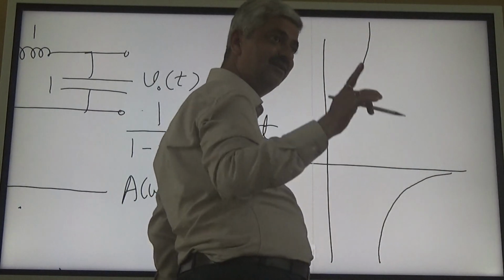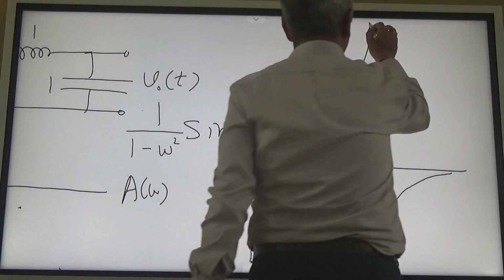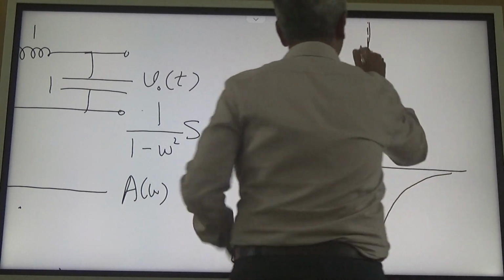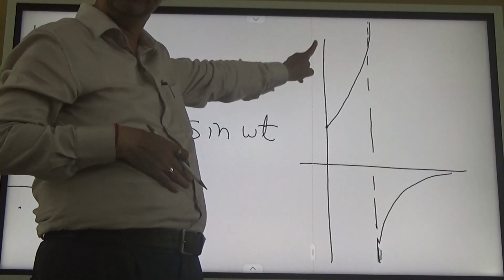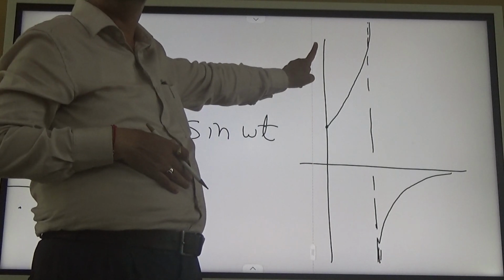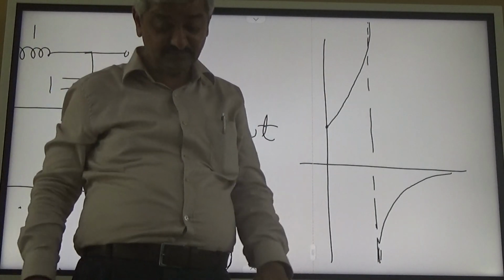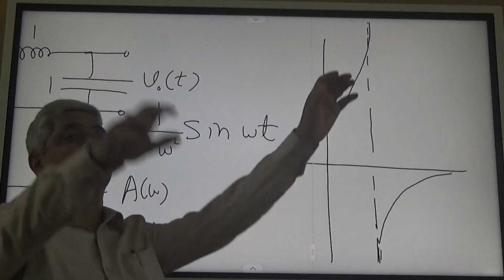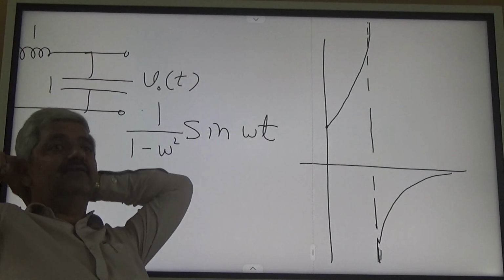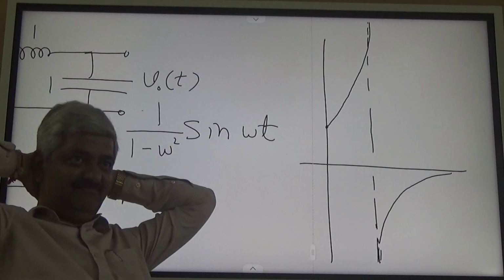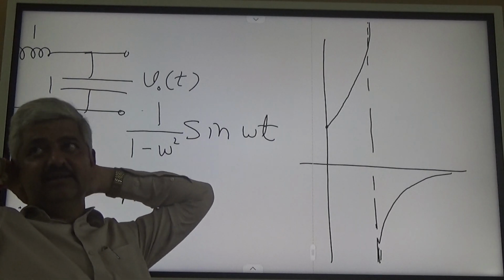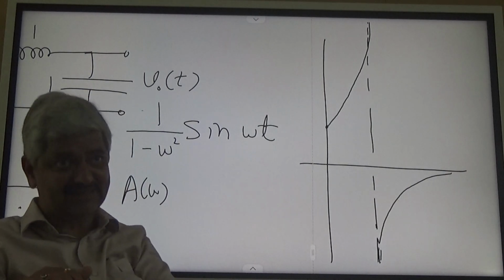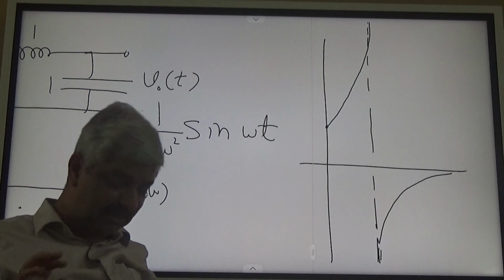At omega equal to 1 there is a sharp discontinuity. Is it okay? That is, the magnitude gain of the system is increasing without any bound, thereby leading the output to be infinite, which doesn't happen because of practical limitations, but theoretically it becomes so.